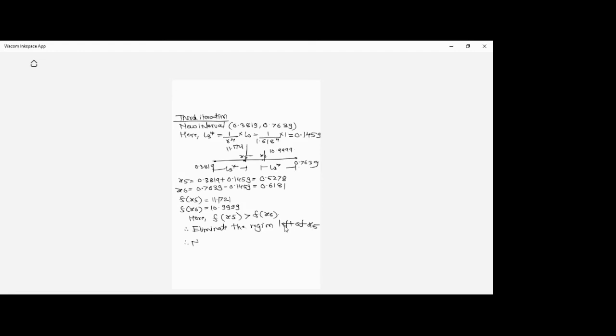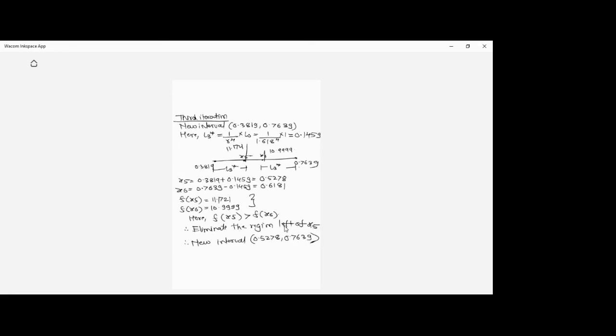Now the new interval that we are going to get: left of x5 is gone, so x5 is 0.5278 comma 0.7639, right? Even in this iteration we didn't get the functional values the same, so we'll have to move ahead, right?